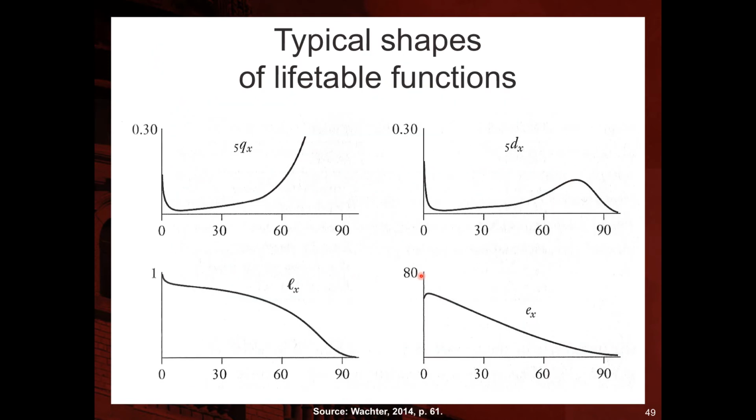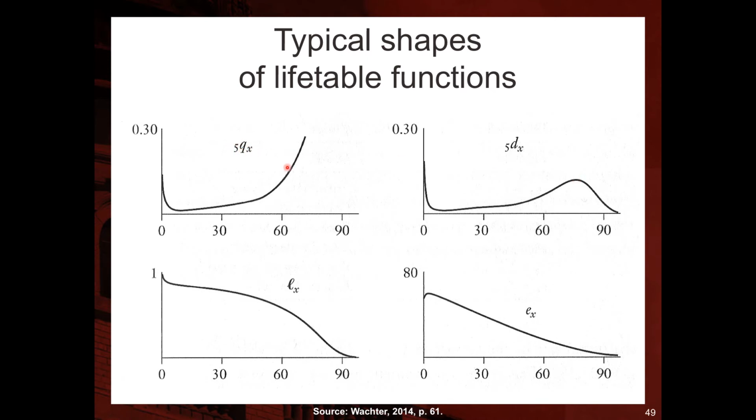And these are typical shapes of the lifetime functions. So the probabilities of dying are usually high for babies below the age of 1, and then it drops, and then it starts going up again for older ages. These are the number of people dying in each one of the age groups. It is high for young people, and then it starts to increase, and then it reaches a certain age where you don't have as many people left.